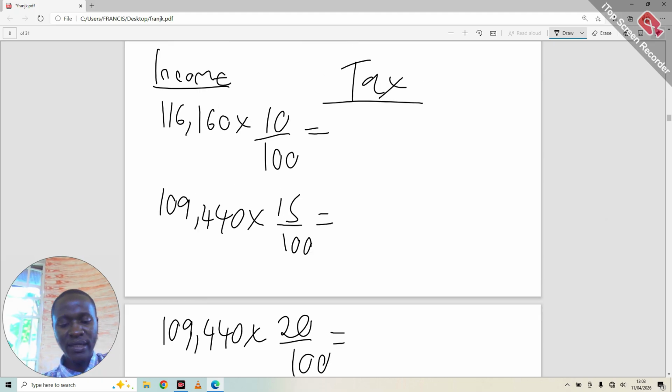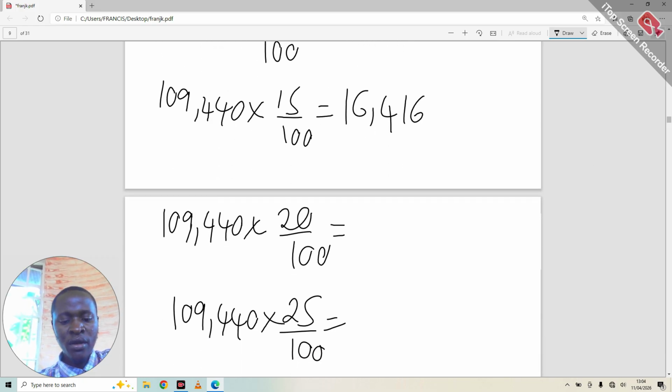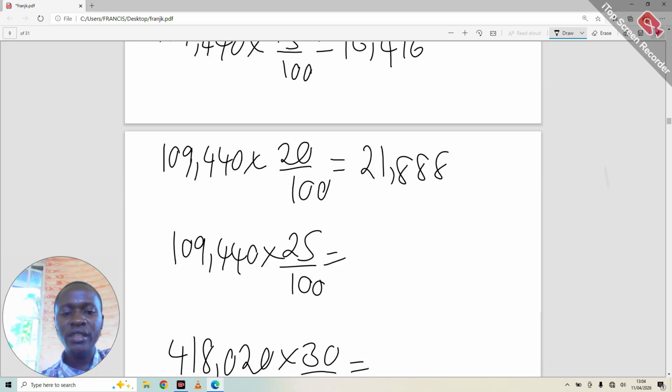Let's now get the tax. 116,160 multiplied by 10 all over 100 is 11,616. 109,440 multiplied by 15 over 100, we are having 16,416. That one multiplied by 20, we are having 21,888.